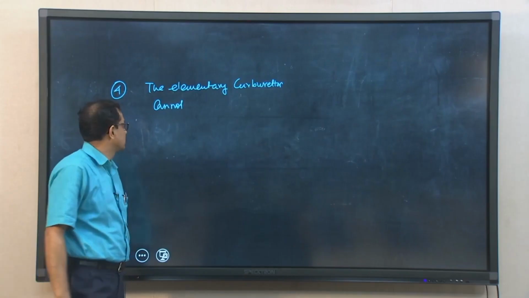So, the last point, let me write that limitations, that is number 4. Number 4 is the elementary carburetor cannot adjust, which is a very important point, but that particular objective is not getting satisfied by a simple float type carburetor.